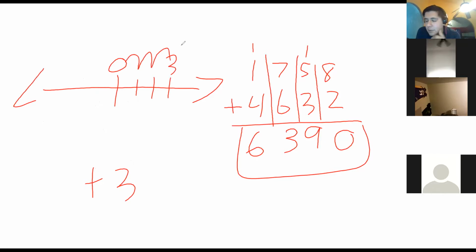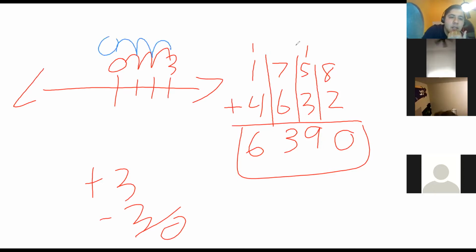How do we go back to 0? By subtracting, right? So we subtract the 3, then we go back to 0. Okay, so we're gonna go the opposite direction now. Let me change the color. Now we're gonna go 1, 2, 3, back to 0.